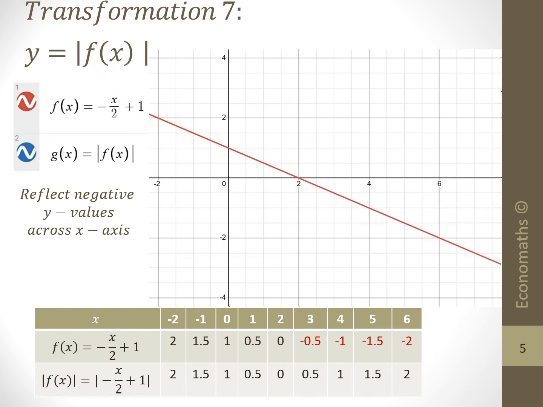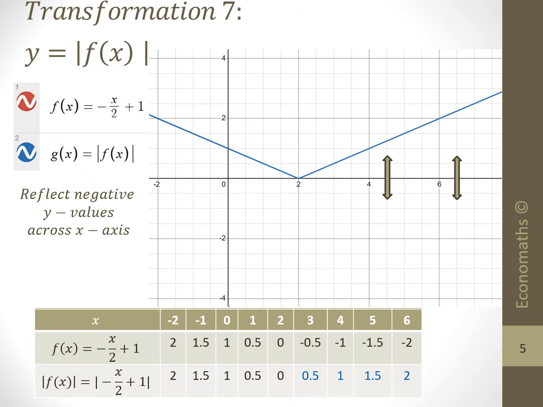So to just check, for example, where we had x as 3 before, f of 3 was negative 0.5. If we take the modulus of negative 0.5, it goes up to 0.5, and when x was 4, f of 4 was minus 1, and if we take the modulus of minus 1, it also reflects across the x-axis to (4, 1).